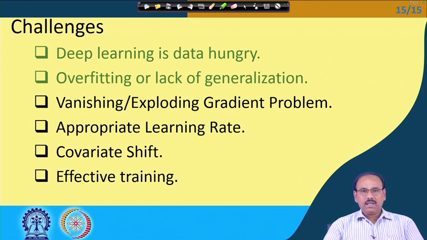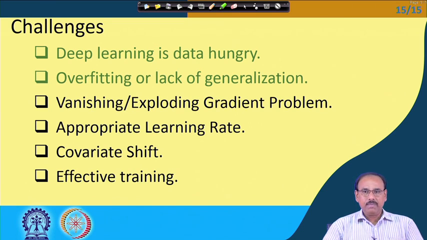The other challenge in a deep neural network is that as the number of parameters is quite high, it is quite likely that the network will simply try to memorize the input patterns presented at the time of training.